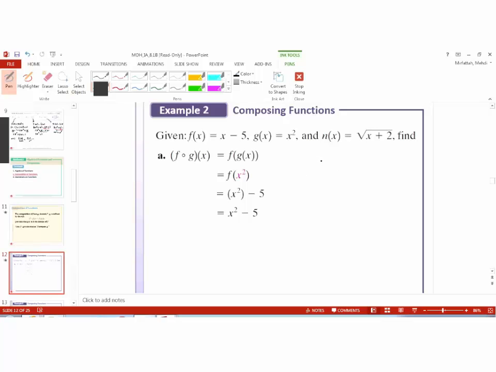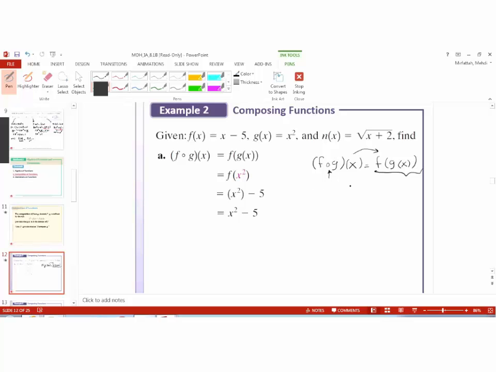So what we want to find here is f of g of x. First of all, you need to know the definition. Every time you see this, you want to replace it with f of g of x. That's the first thing you do. You change this to this, so you get rid of this little symbol.